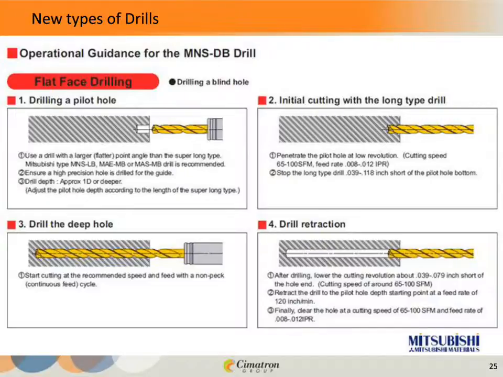And then when we bring in the longer drill, it's very important that the RPM is not real high. We can't have the drill whipping around. So what we want to do is slow the RPM down to a couple hundred RPMs, enter the hole, feed down to maybe 50 thousandths away, and then turn the RPM up to full speed, and then drill continuously through the hole.